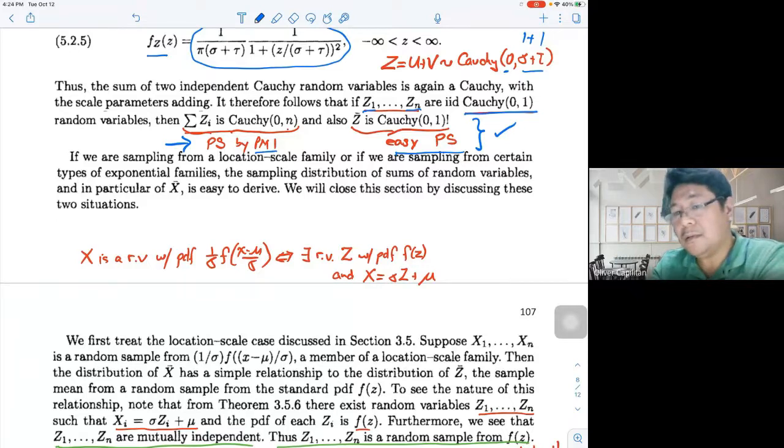If the family of distributions belongs to an exponential family, there is a technique on how to determine the distribution of the sum of random variables, as well as the mean of this family of distributions. If our distribution belongs to a location or scale family, or a location scale family, since this is general, then we can also determine the distribution of the finite sum of these random variables as well as the distribution of the sample mean.